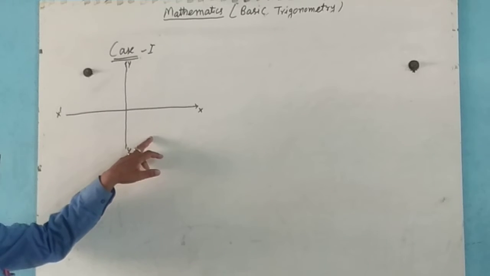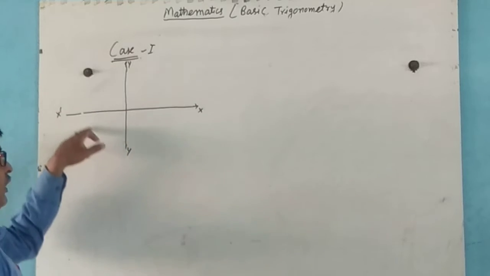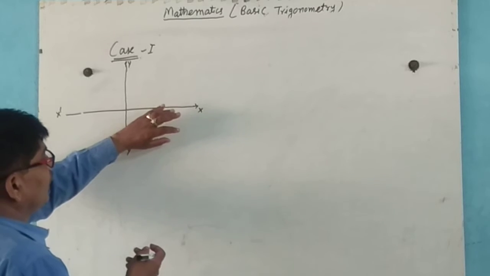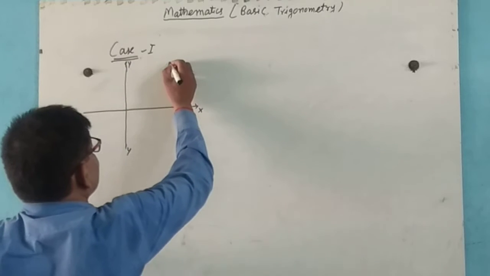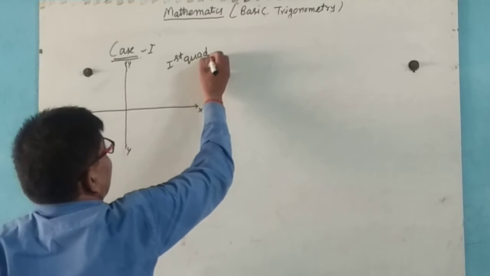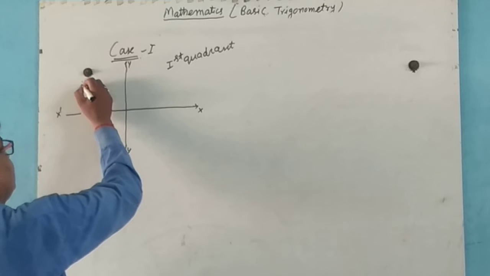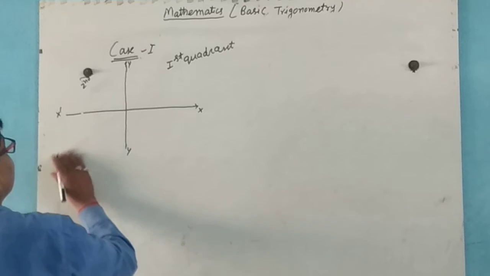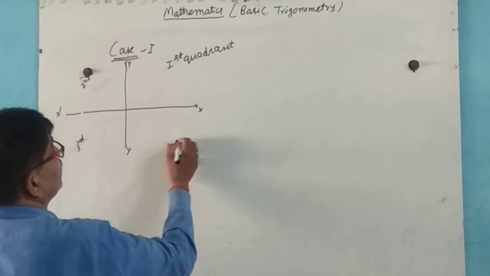Counting of quadrants starts anti-clockwise. Our clock moves this way, but we calculate the quadrant anti-clockwise. This is known as first quadrant. This is second quadrant. This is third quadrant, and this is fourth quadrant.